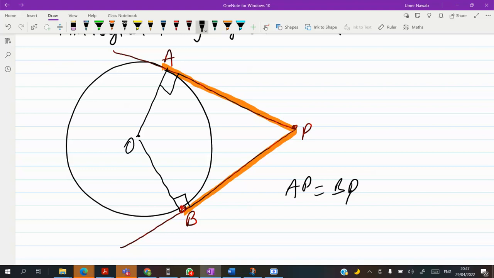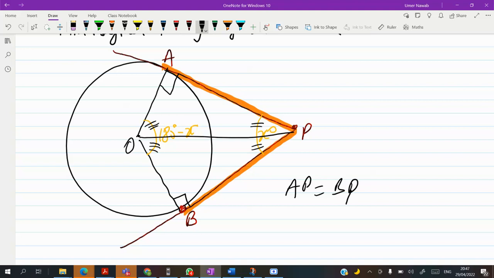The two radii are at 90 degrees to the tangents. And another property, that this angle x and this is 180 minus x, they are supplementary to each other. Or you can make two congruent triangles, and this angle is the same as this, and this angle is the same as this. So two right angle triangles, it looks like a rhombus as well.